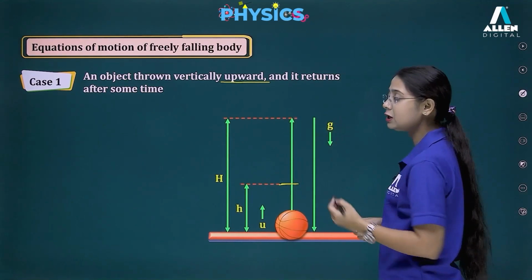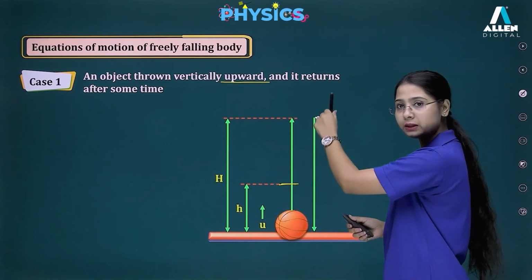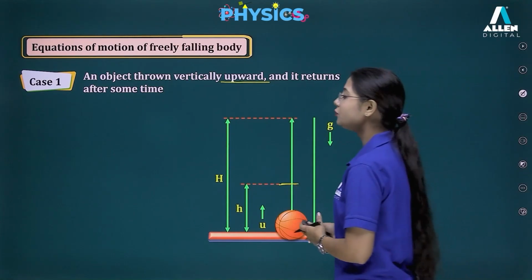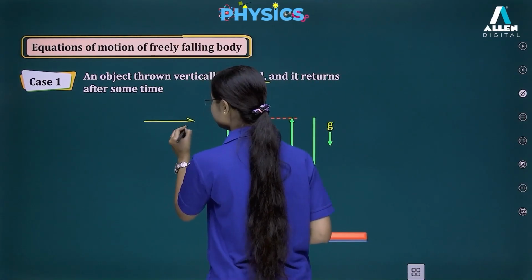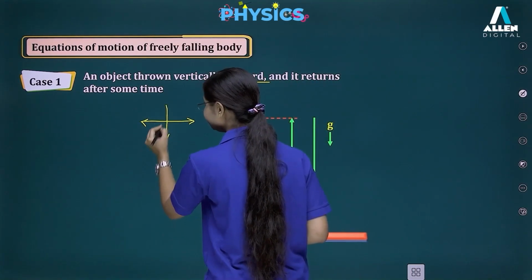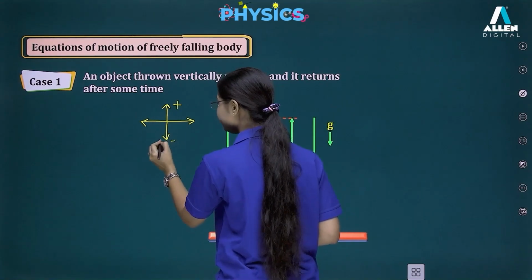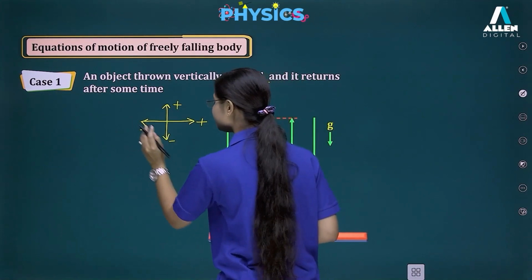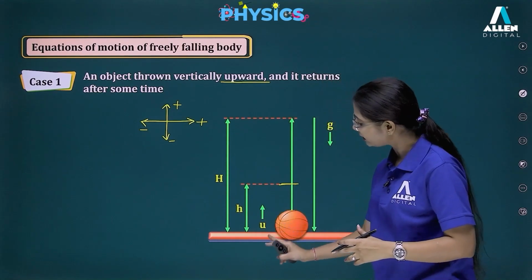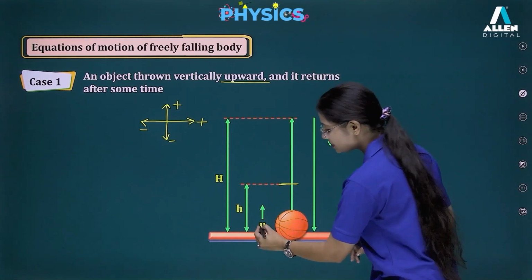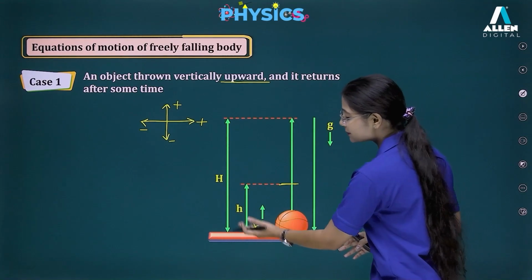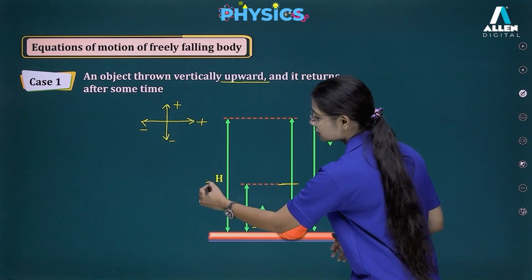Here acceleration due to gravity is g, which is acting downward. Now, when you use the sign convention, you will find that upward is positive, downward is negative. Alright. So here the initial velocity is upward, that means this is positive. Here the displacement is also upward, so this is positive.